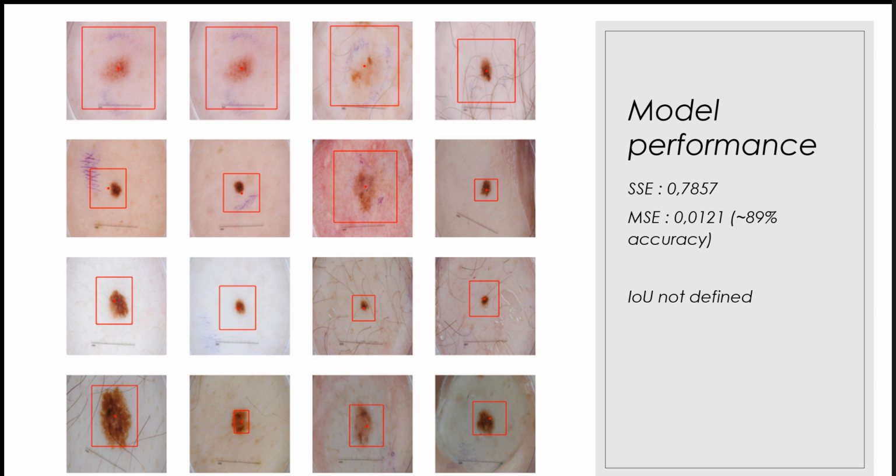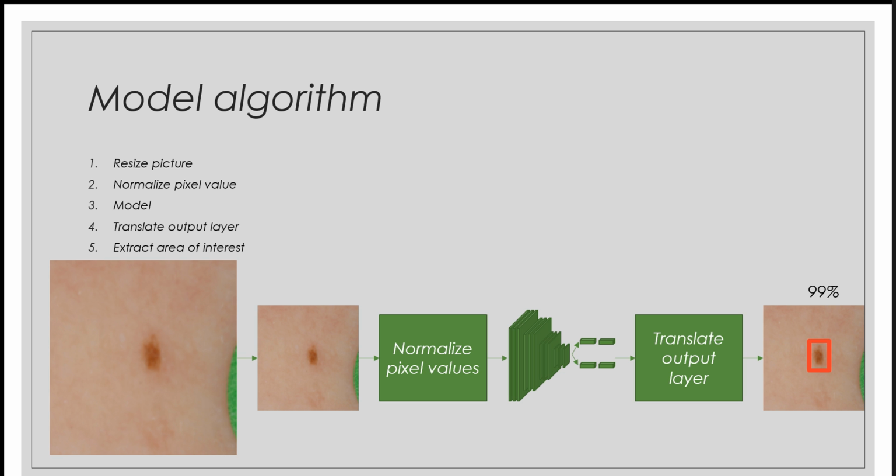When we're talking about the model algorithm, it's basically we take the picture, resize it to the correct dimensions, then we normalize the pixel values by dividing the values by 255, so we normalize it to a range of 0 to 1.